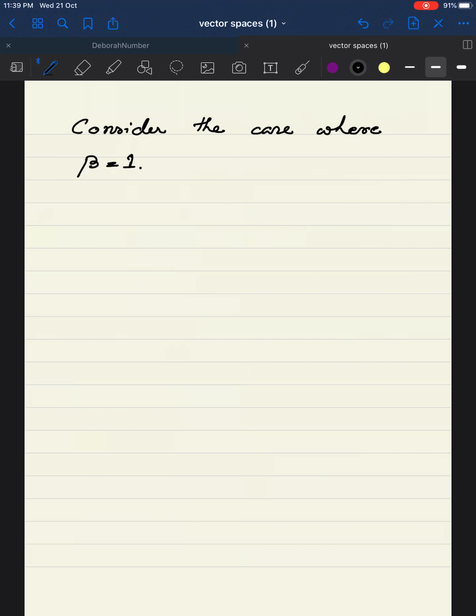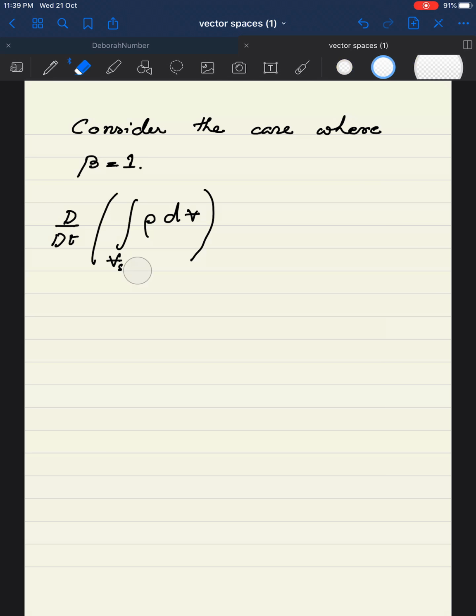That means that the time derivative of the integral of rho dV, and this is the volume of the system. Sorry, I always mess up the V. So this is my LHS, right?